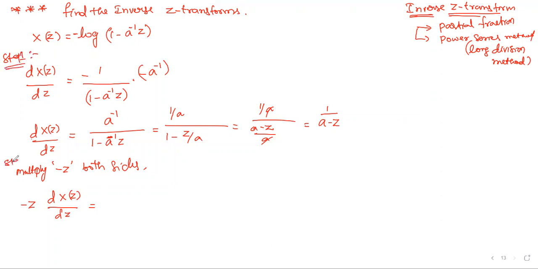Step number 2, multiply by minus z on both sides. So minus z divided by a minus z, I will write it as minus z into dX of z by dz equals this one. Minus z by a minus z is nothing but z by z minus a.